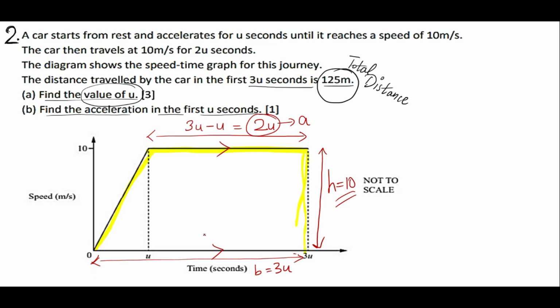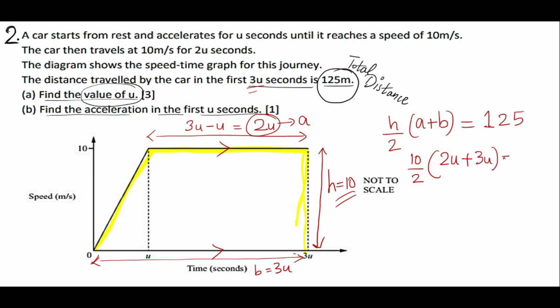Applying the formula, h over 2 times a plus b is equal to 125, which is the total distance traveled in the total time 3u seconds. So substituting, I have 10 over 2, which is my height, over 2 times my a here is 2u plus my b is 3u, and this is equal to 125.